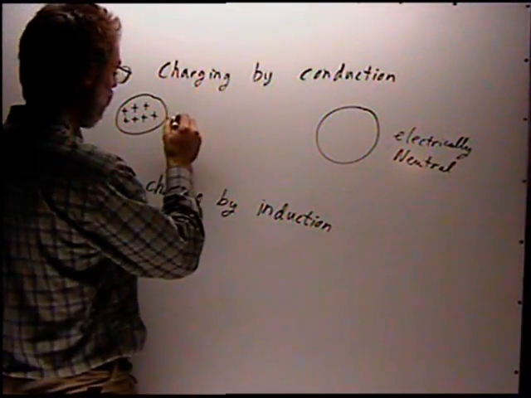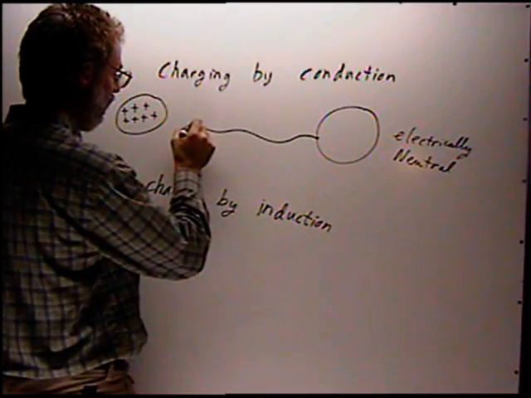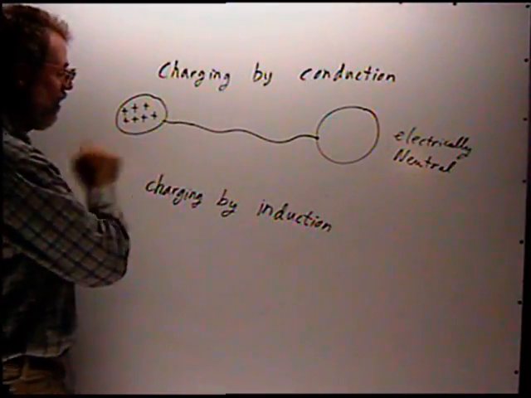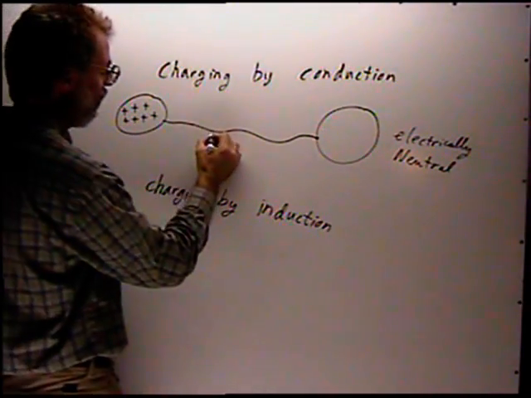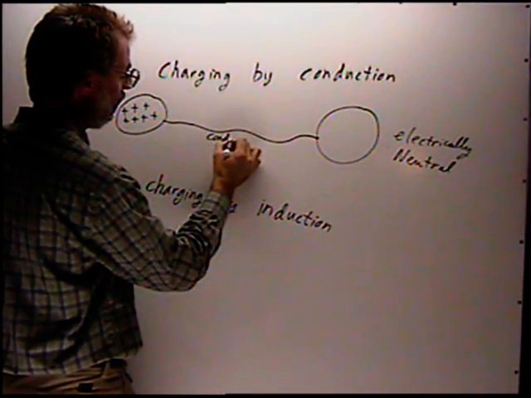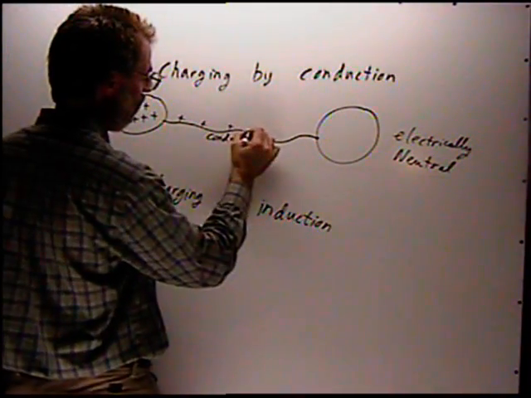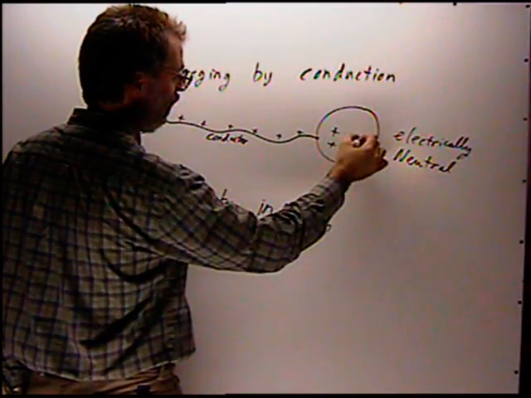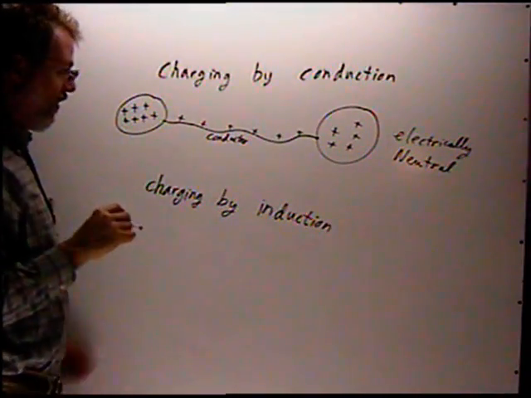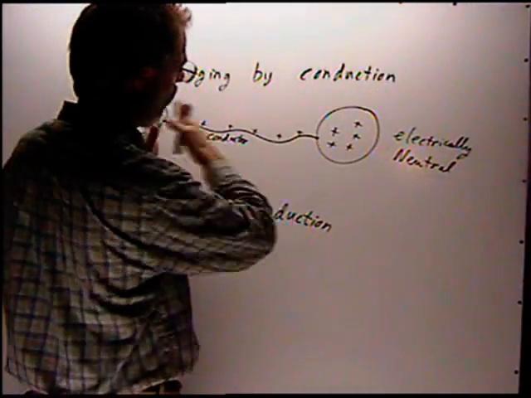Now, if I take a piece of wire and connect it to here, and touch the wire to here, what will happen? This wire is a conductor, and the charges will flow along the wire such that we get an equal distribution of charges all throughout.